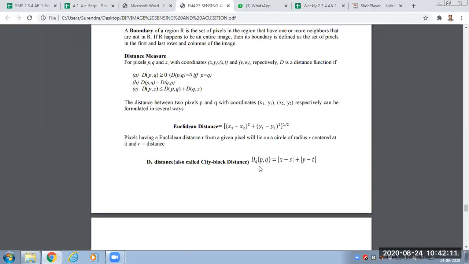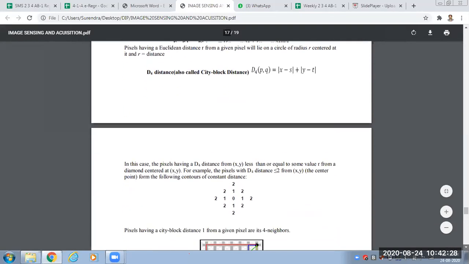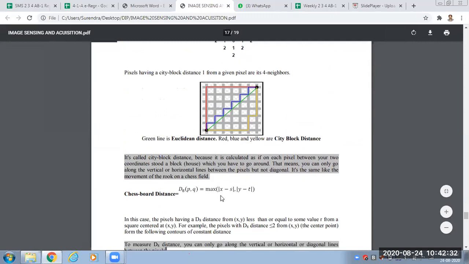But chessboard or city block distances are of two types, D4 and D8. For D4 city block distance, consider two different pixels (x, y) and (s, t). Then the distance is |x minus s| plus |y minus t|. If you consider the D8 distance, the formula changes to the maximum of |x minus s| and |y minus t|. Here is the graphical representation: the green line is the Euclidean distance and the remaining three are city block or chessboard.